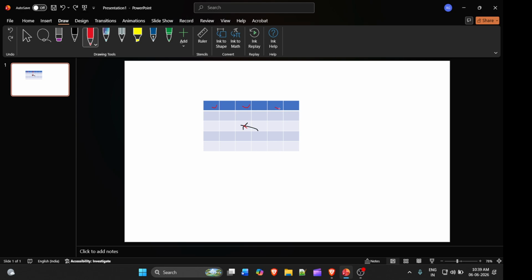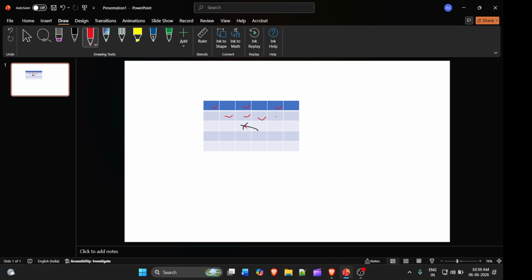I can place a white knight in this direction. I can place in this direction. I can't place in this direction because a black knight can attack this cell. So I can't place a white knight in this direction. I can place a white knight in this direction.